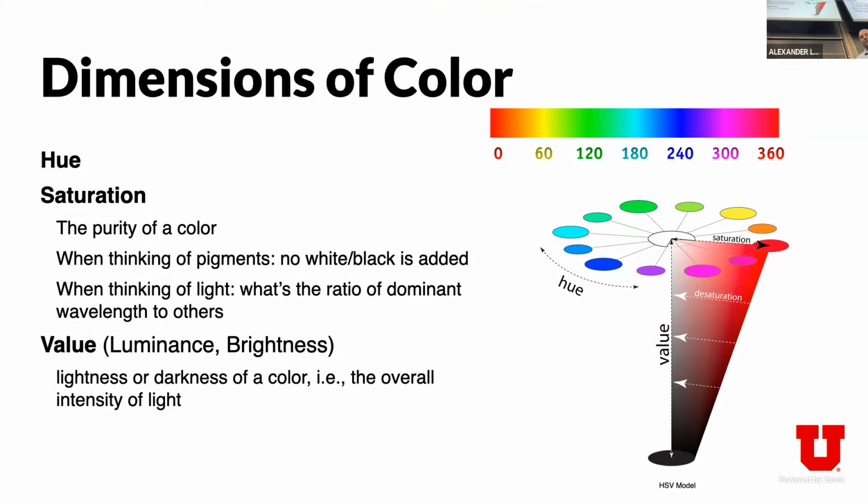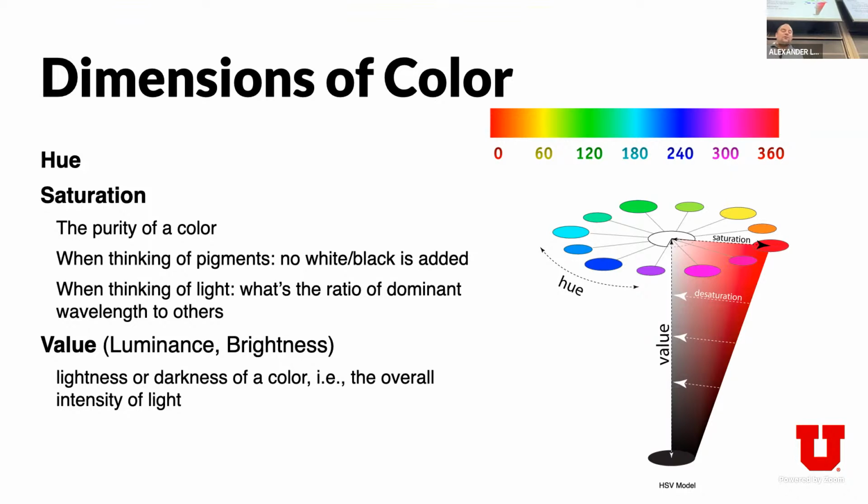So we have these two different approaches, pigments or light sources. When we think about saturation in terms of pigments, no white or black is added, so these are purely colored pigments. When we think of light, it's about the ratio of the dominant wavelength versus everything else. What I showed you earlier, this very strong peak, would be a high saturation.